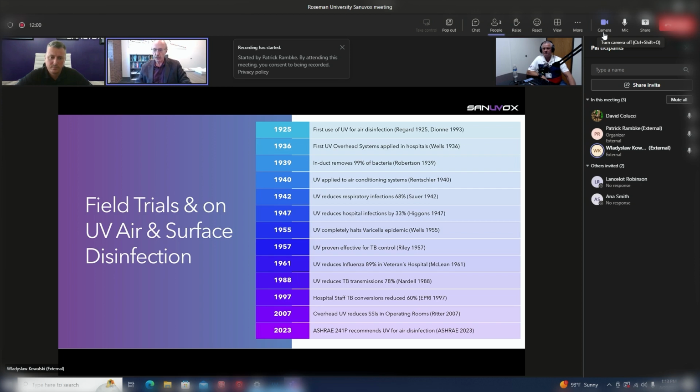In 1997, another TB test showed a staph conversion rate reduced by 60%. In 2007, overhead UV was shown to reduce SSIs in operating rooms after a very long-term study. In 2023, that's this year, ASHRAE issued their famous 241P document recommending certain levels of outside air exchange in buildings.